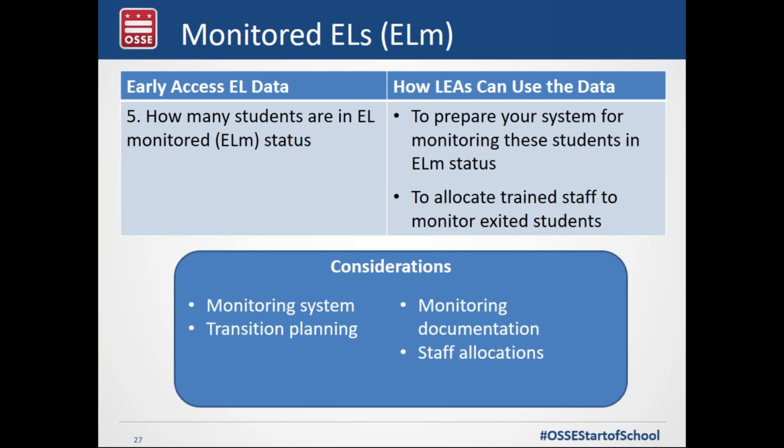You can see what grades they're in and start to think about who would be the staff who are named as those people who would check in with these students to monitor how they were doing and who would be responsible for documenting that monitoring is happening and helping support the students in whatever way they need.